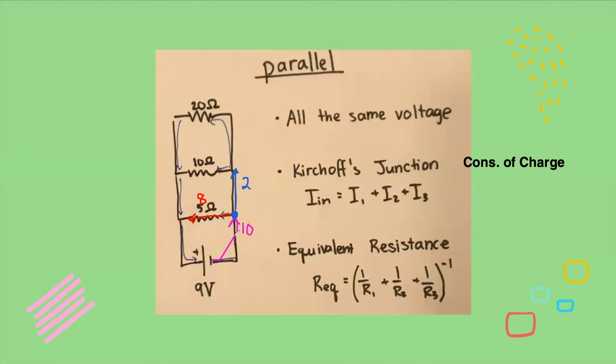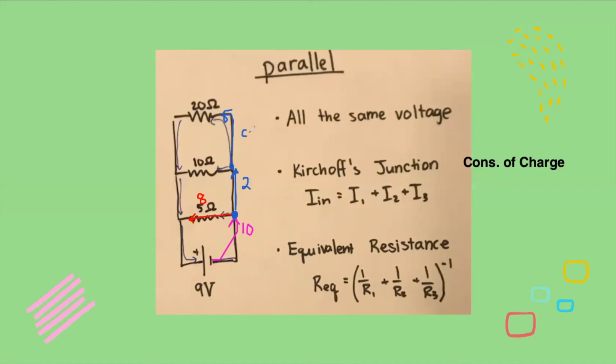You can imagine this as a flow of water. If the battery pushes out 10 gallons of water and 8 of them go along the pipe for 5 ohms, then 2 of them must go through the remainder of the circuit. And maybe we get to this one and a portion of it goes up.